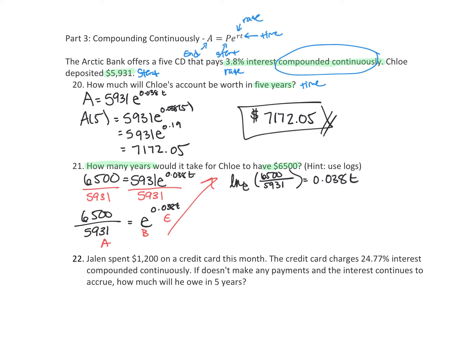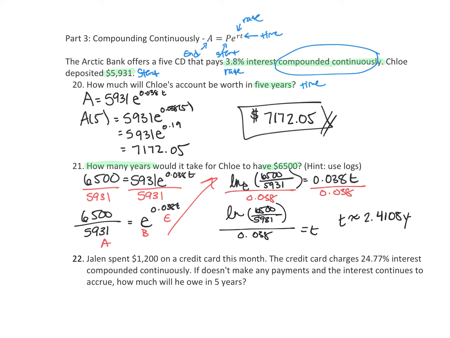Our calculators can already figure this out. We don't even have to write that E. So our last step is just to divide both sides by 0.038, and we get that the natural log of 6,500 divided by 5,931, divided by 0.038, is equal to t. Once we plug that into our calculator, we get that t is about 2.4108 years.